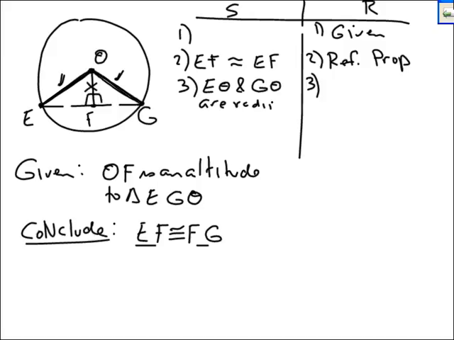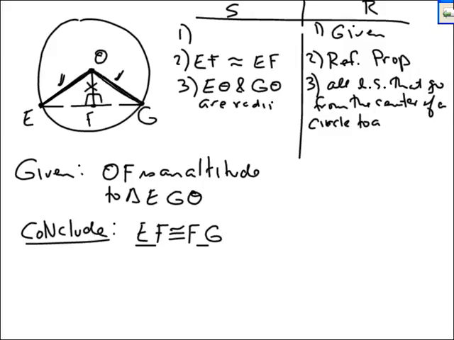And then we can say all line segments that go from the center of a circle to a point on the circle are radii.